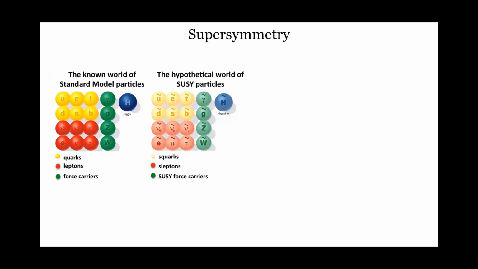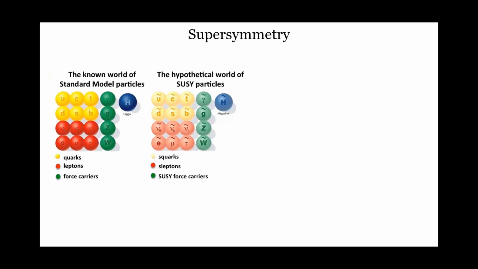So if you have an up quark with spin 1/2, you have a spin zero scalar that we call the s-up, or squark. We give these names like the s-down, the s-top, and so on, and then you have the selectron, and so on.